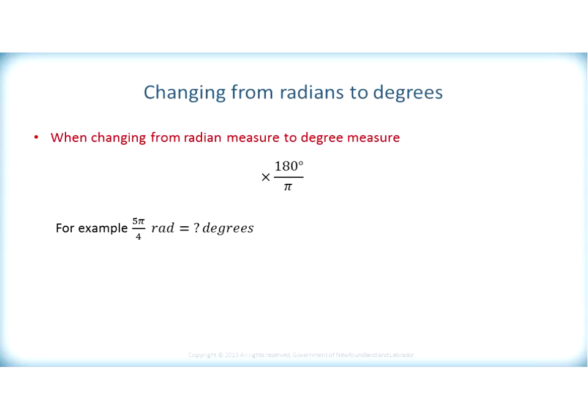For example, if we had 5 pi over 4, and we're trying to figure out how much that would be in degrees, we would take 5 pi over 4 and multiply it by 180 degrees over pi.